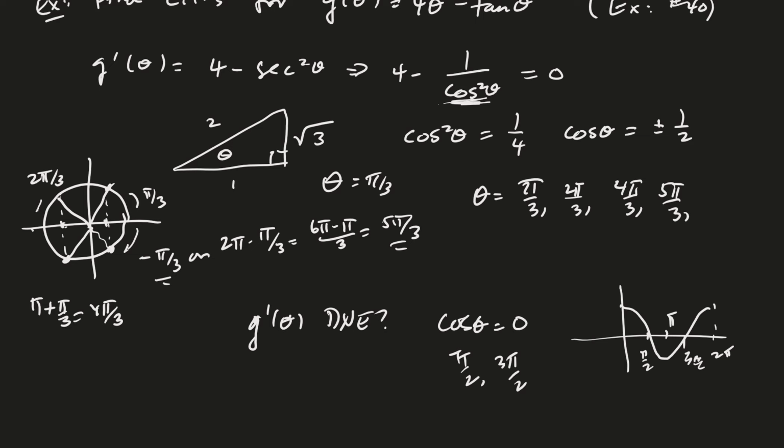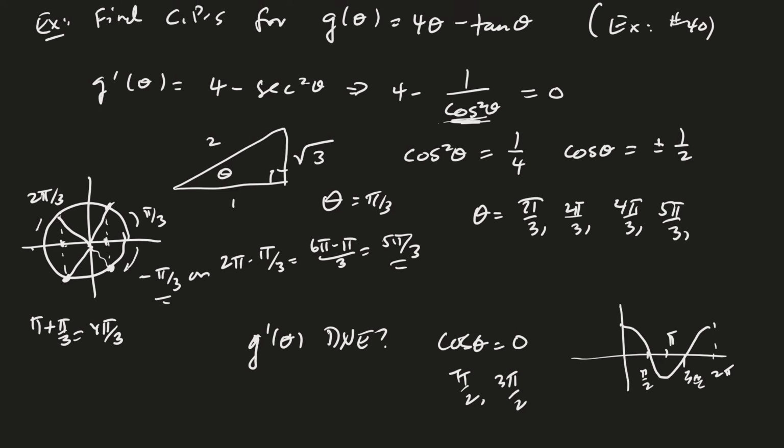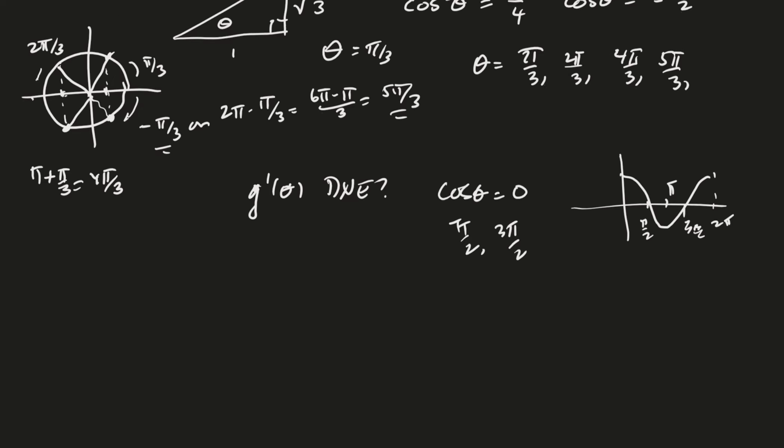Good. All right. Now, here's a question. Those are points where g prime of theta does not exist, but do we need to include them in our answer? Well, notice that pi over 2 and 3 pi over 2 are not included in the domain.